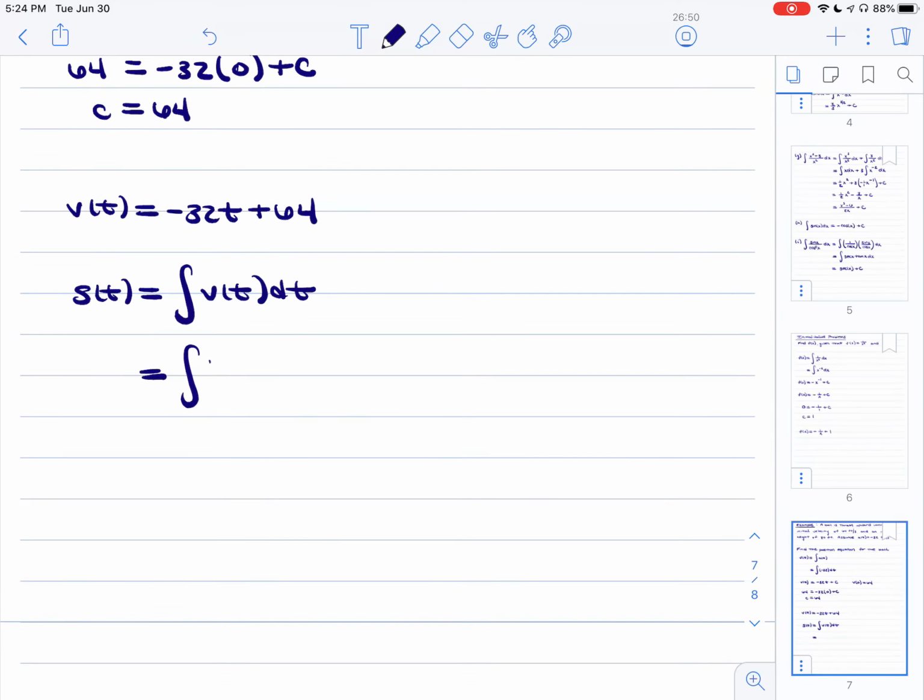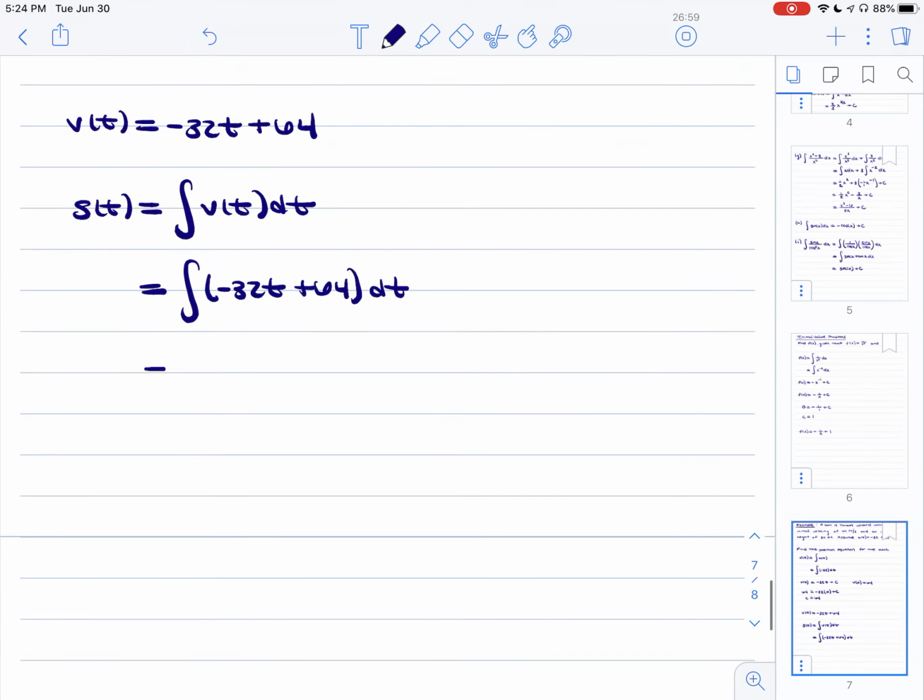So the integral of negative 32t plus 64 dt. All right, so just power rule here. You have negative 32, add 1 to your exponent, so it'd be a t squared, and then multiply by the reciprocal to balance that out, and then plus 64t plus our constant of integration.